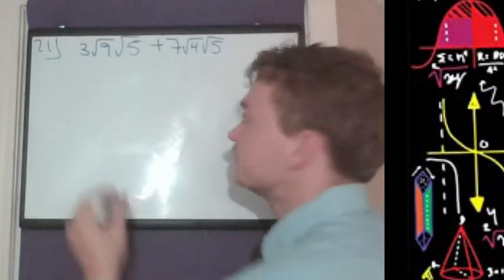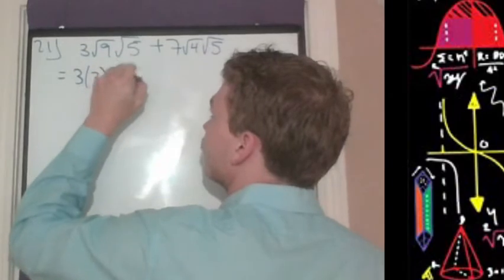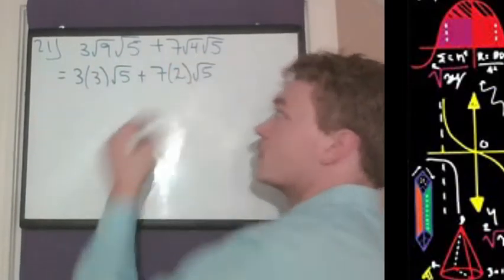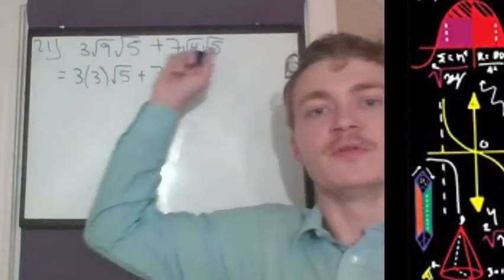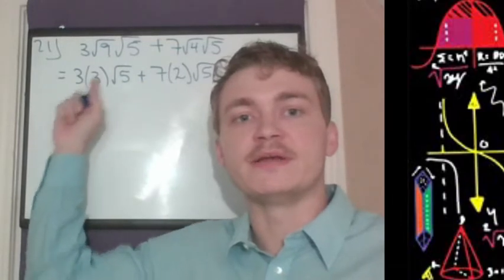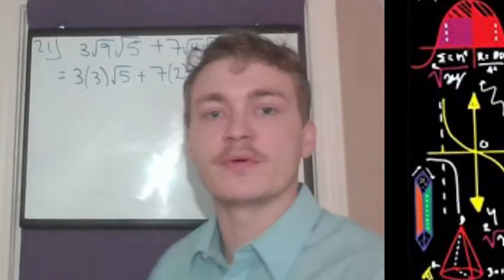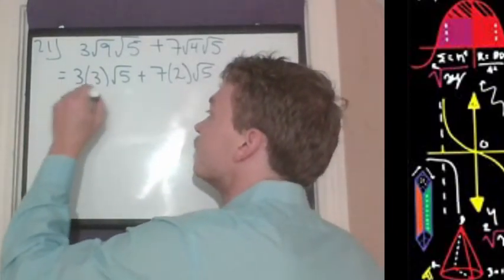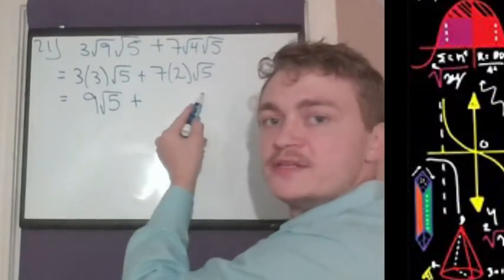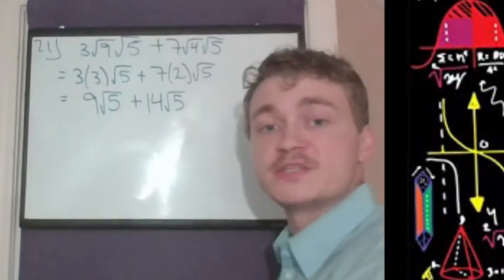Evaluate the perfect squares. Remember up here, these are all factors that multiply together. 3 multiply 3, and 3 times, see, square root of 9 is 3. 3 times the factor of 3, this is going to give us 9 square roots of 5. 7 multiply 2 is 14, giving us 14 square roots of 5.